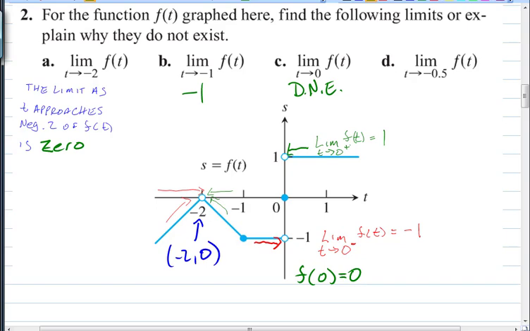I've spilled the beans about something that I haven't told you about yet, but that's what that informal definition meant. It has to approach the same value from either side, either the left or the right. So here our left-hand limit and our right-hand limit are not the same.